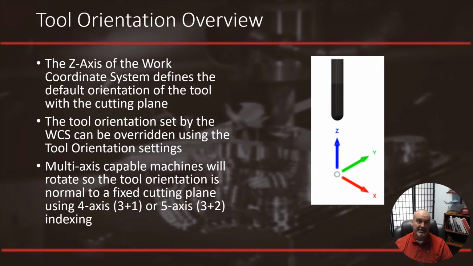So multi-axis capable machines will rotate so that the tool orientation is normal to a fixed cutting plane using 4-axis or 5-axis indexing, which is also known as 3+1 and 3+2. Now, terminology for Fusion, they don't differentiate between 3+1 and 3+2. All the commands are under the group 3+2, even if you only rotate one of the 2 rotary axes.